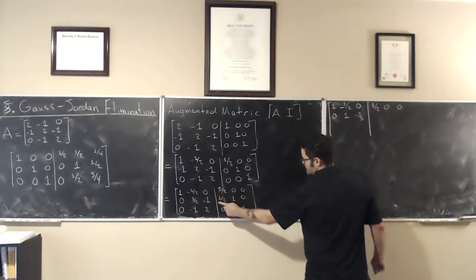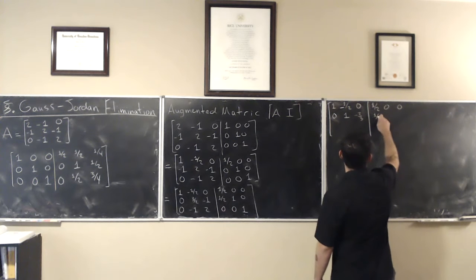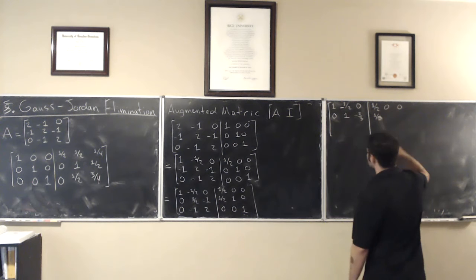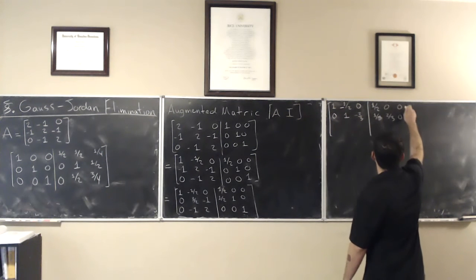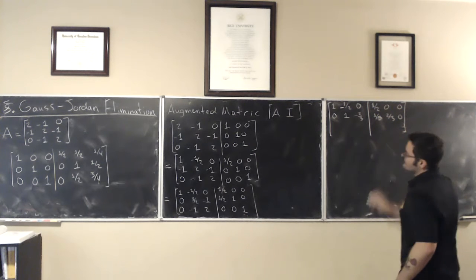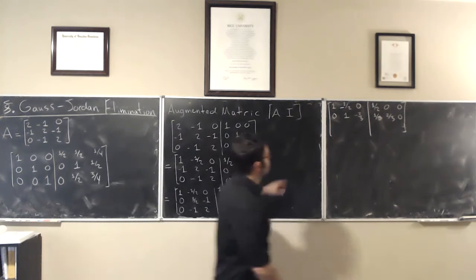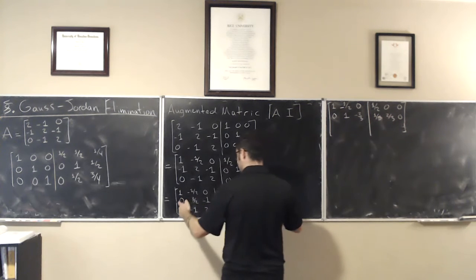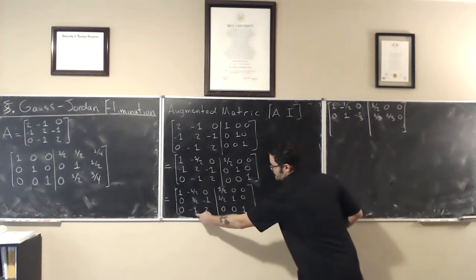Two-thirds times that is just a third. And then 2/3, 0. And then after I multiply that row by 2/3, I'm going to add it to this row. Right, because I want to zero out that entry there.